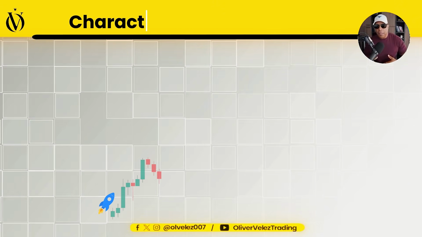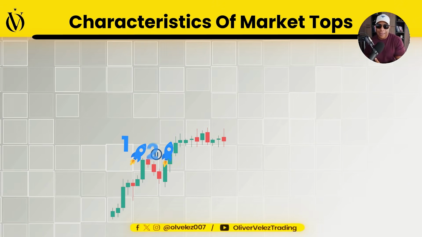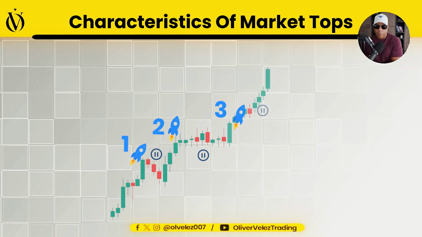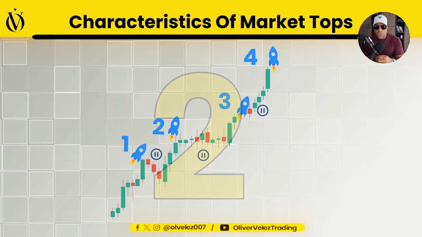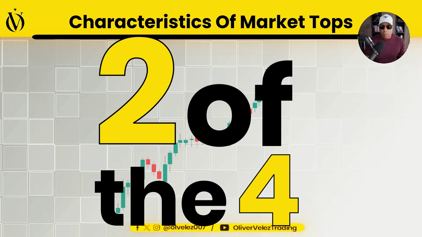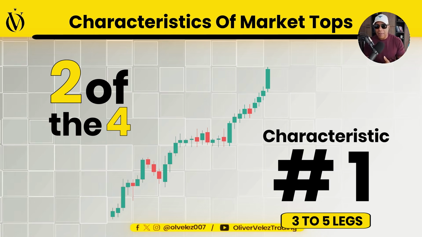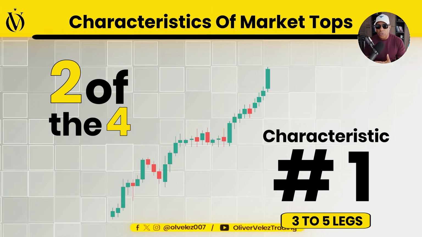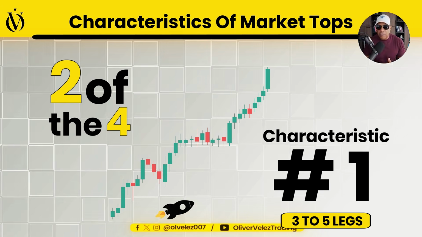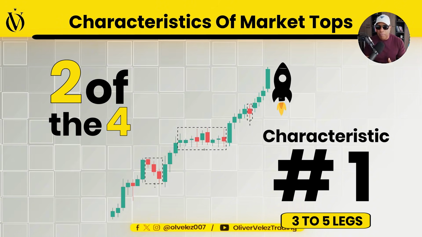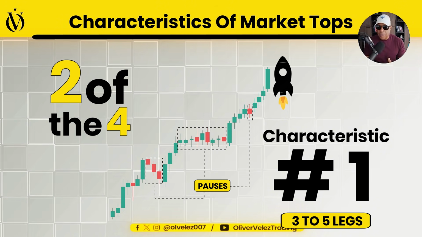Here is the 3 to 5 leg plus vertical blow off image. I'm showing you 2 of the 4. Remember, characteristic number 1 is the 3 to 5 legs. Now, legs are usually fluid runs that are interrupted by a pause of some type.